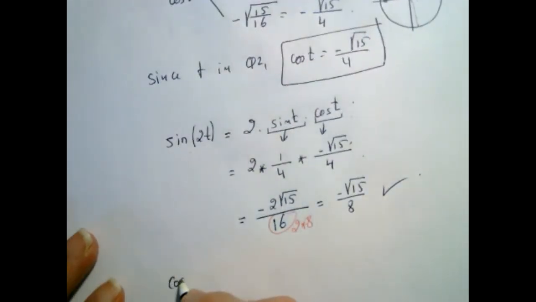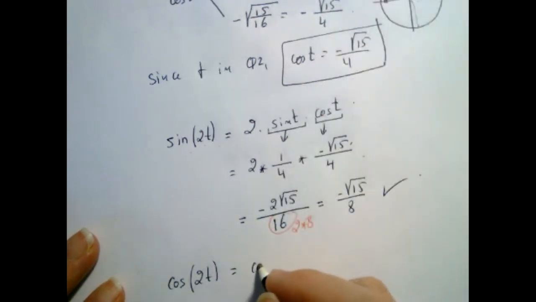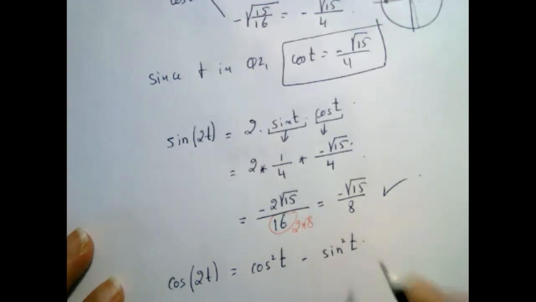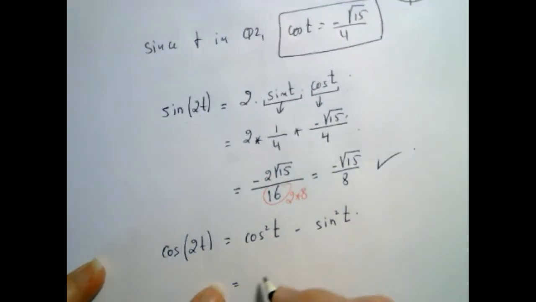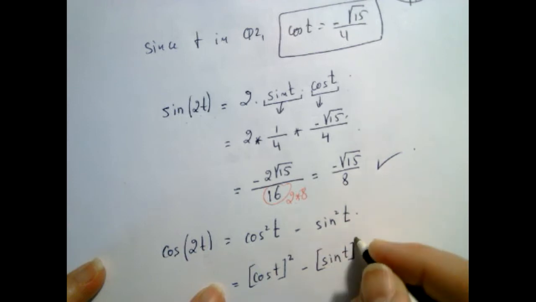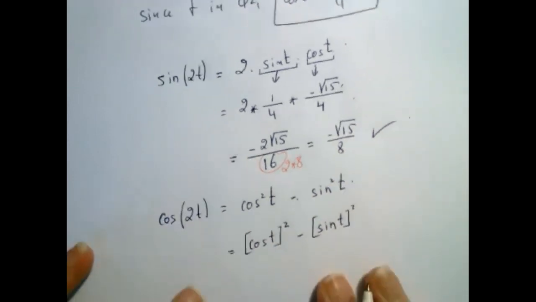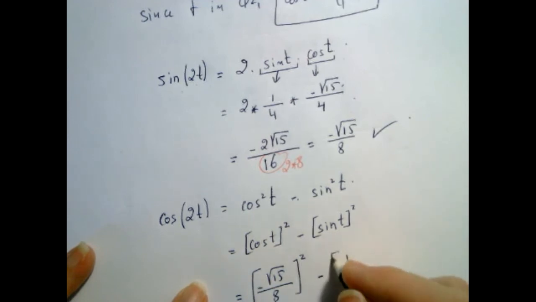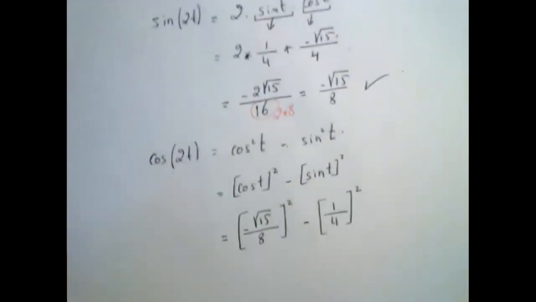Now I can find the cosine of 2t. The formula I gave you is the cosine squared of t minus the sine squared of t. Now I substitute everything by its value. It means the cosine of t squared, I rewrite this, minus the sine of t squared. Be careful, that's a minus, not a plus sign. Now it is equal to, what's the cosine? Square root of 15 over 8 squared, minus the sine, which is 1 over 4 squared.